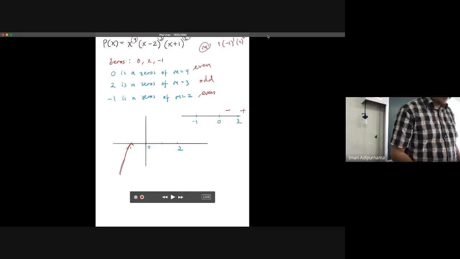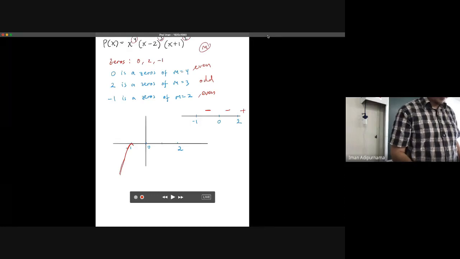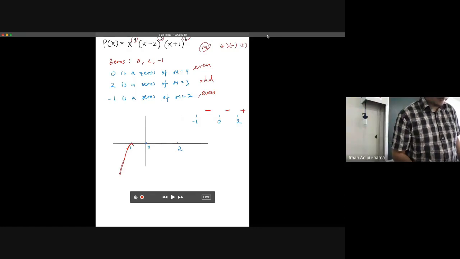How about negative half? Negative half squared should be positive, and then the other factor, negative, so it should be negative. Positive times negative is negative, right? At negative 2 it's positive, negative, negative squared is positive. So, oh, it's negative.